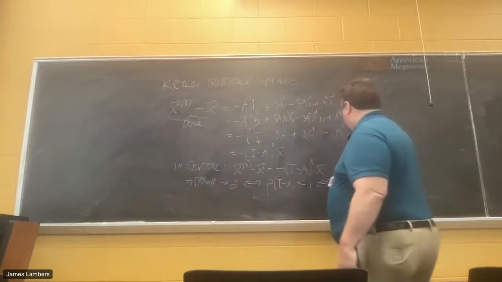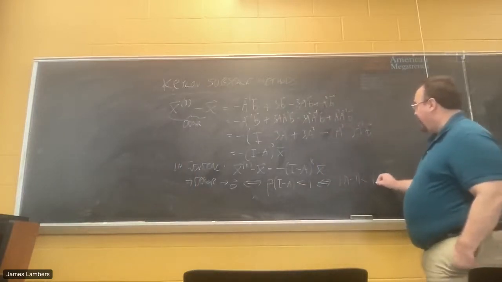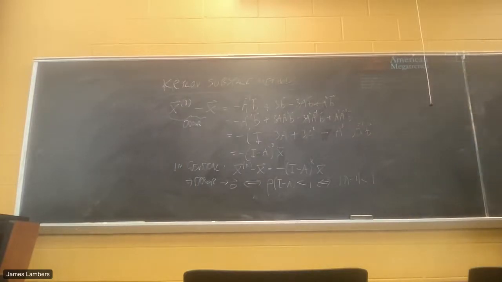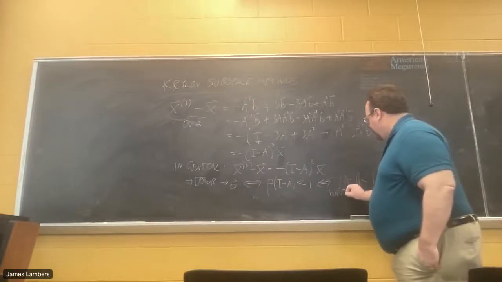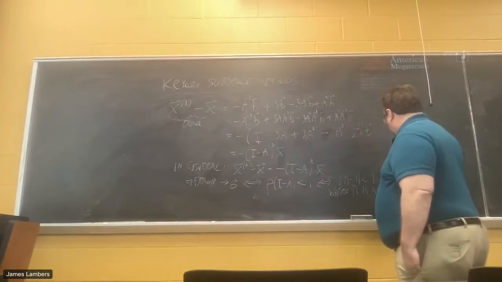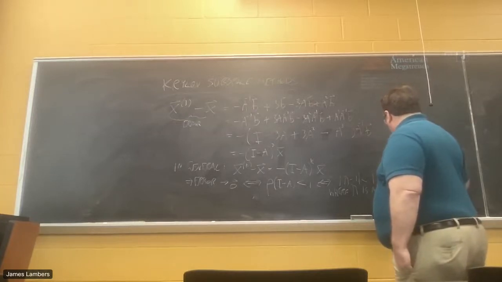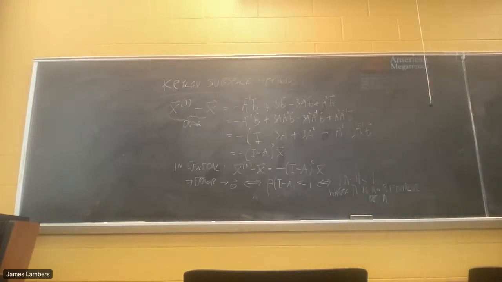Which is also true if and only if lambda minus 1 in absolute value is less than 1, where lambda is an eigenvalue of A. So, for instance, if a matrix A was symmetric, and therefore the eigenvalues are real, the eigenvalues would have to lie between 0 and 2 for this to work.